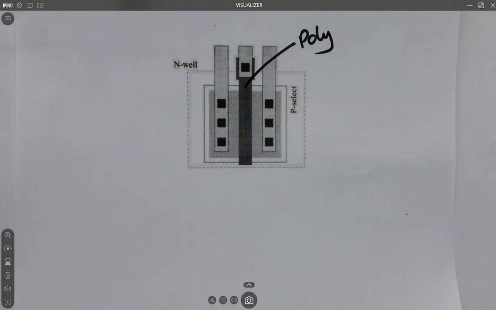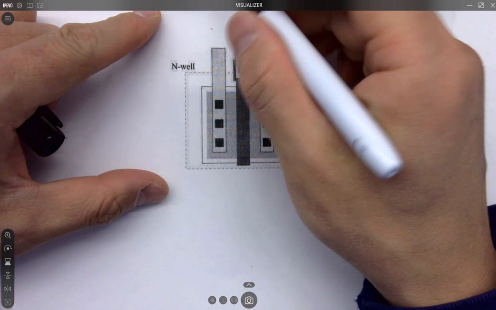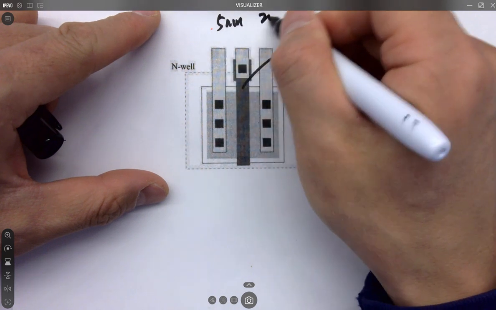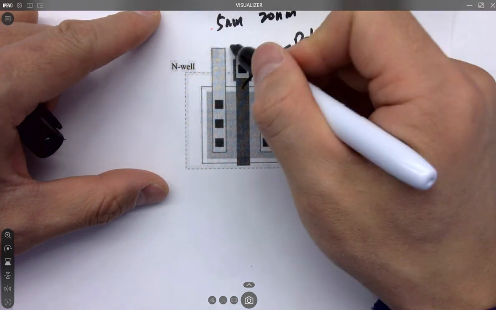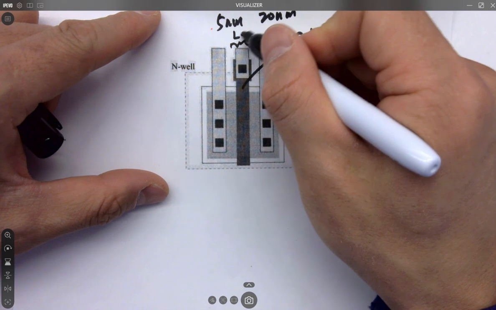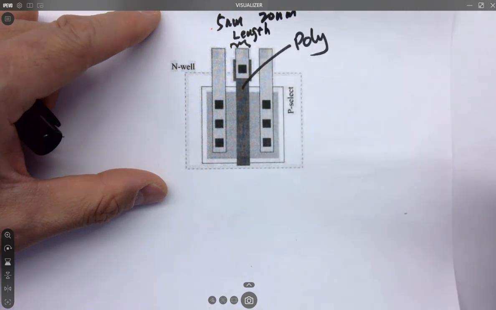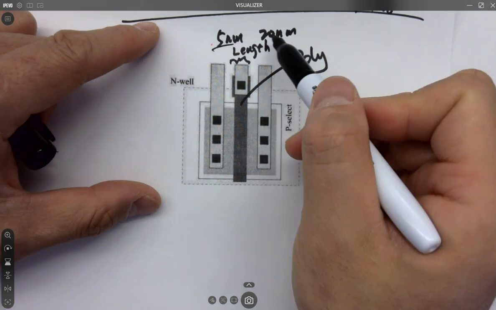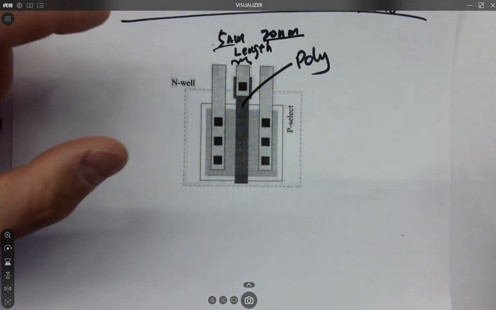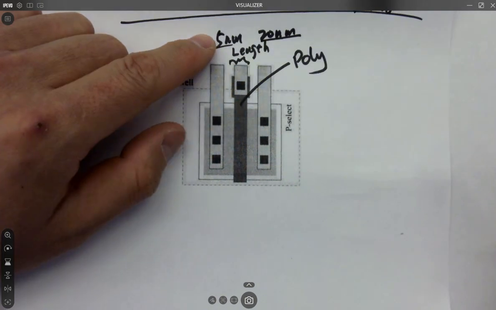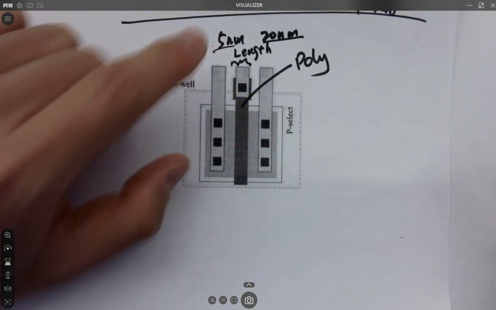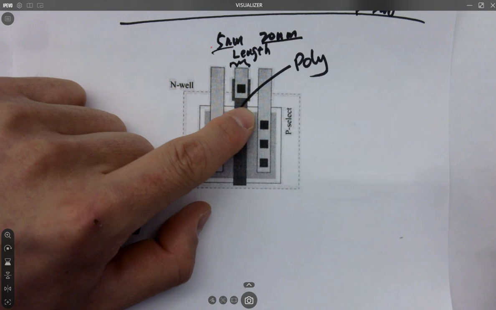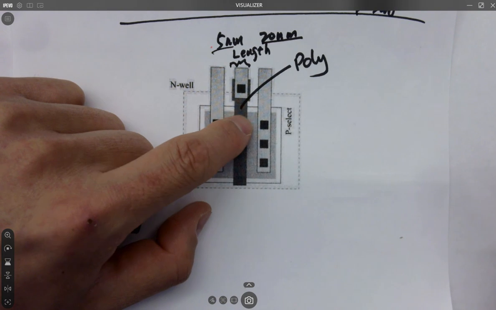So when you have a question regarding the technology dimensions, like 5 nanometer technology, 20 nanometer technology, this little thing is a length. It is the length of the transistor, which defines the technology. So the minimum length you can fabricate in that technology. If it's 5 nanometer technology, it means the length here will be 5 as a minimum.